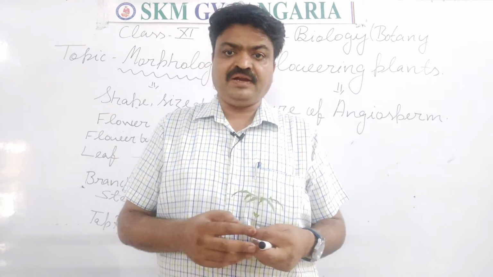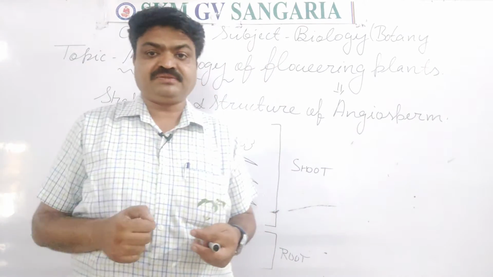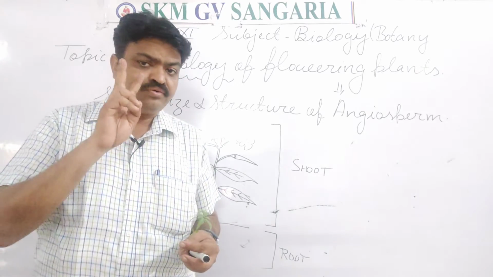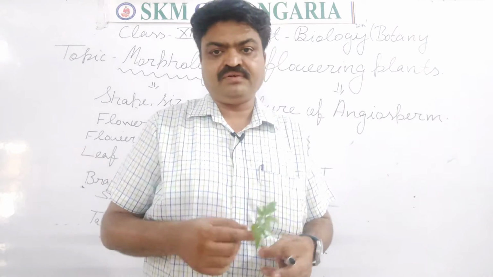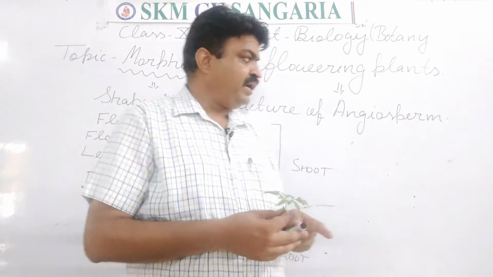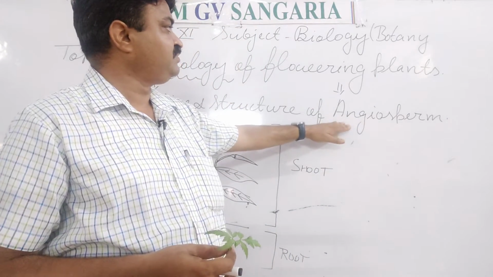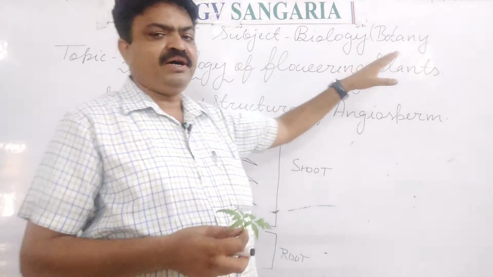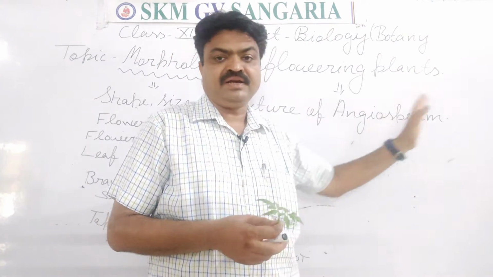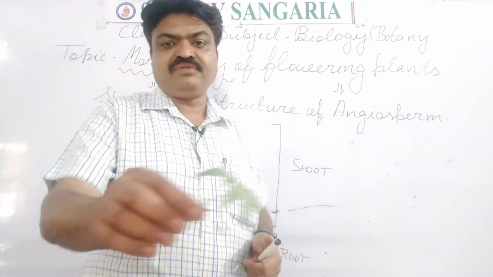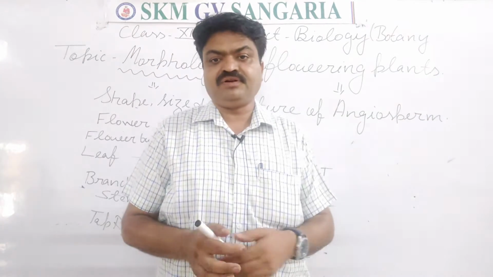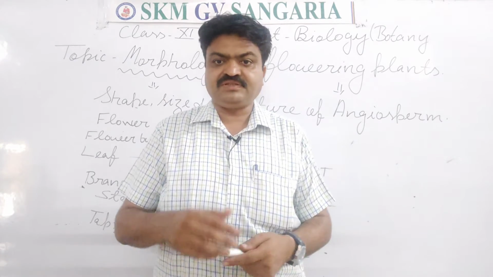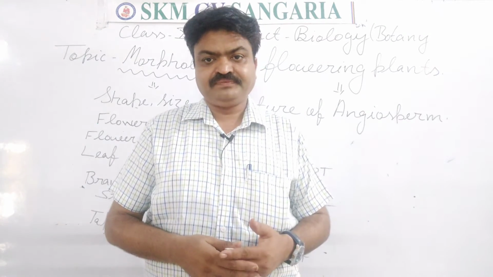So we can categorize the flowering plants, means the angiosperms, into two groups, monocot and dicot. Angiosperm means the plants that have flowers or seeds, and their seeds are covered, students.